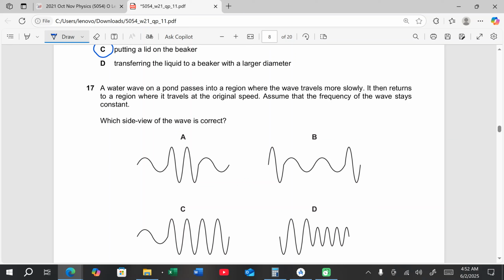Okay. So it is going to be A, because this is slow, then its original speed, and then slow.